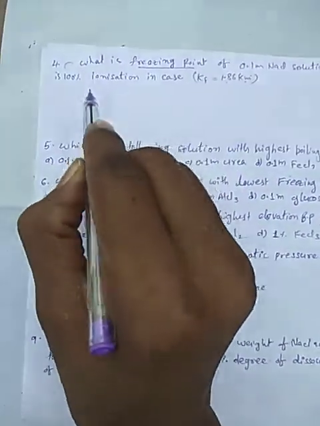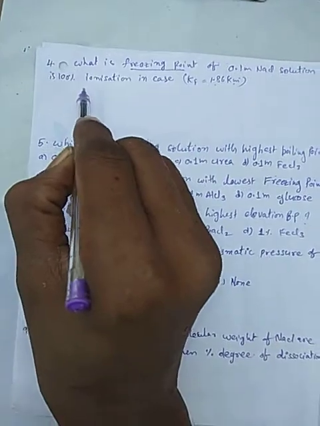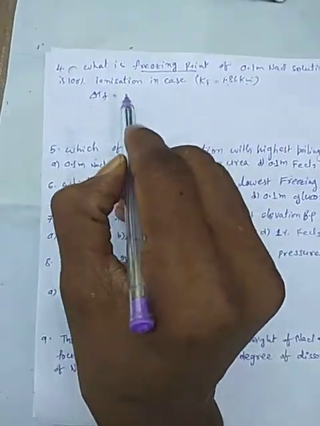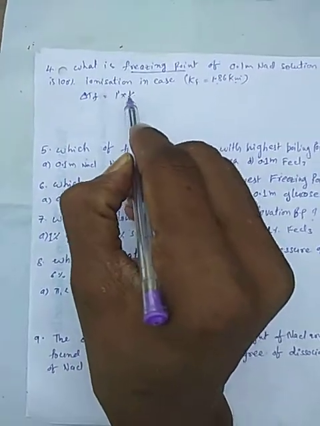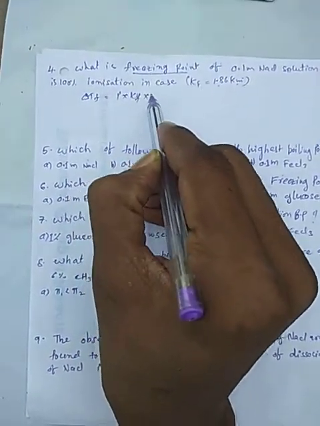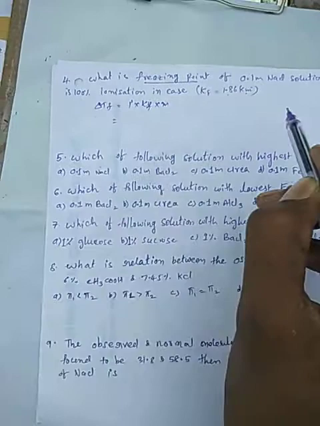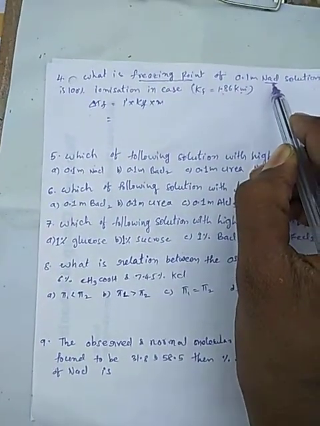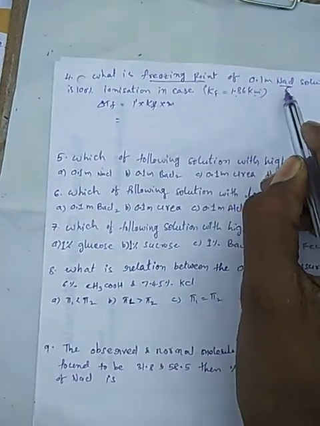Now first we can use the formula delta Tf is equal to i into Kf into m. Now the i value becomes the number of ions. Ionization is in the question, so 2 ions will form.